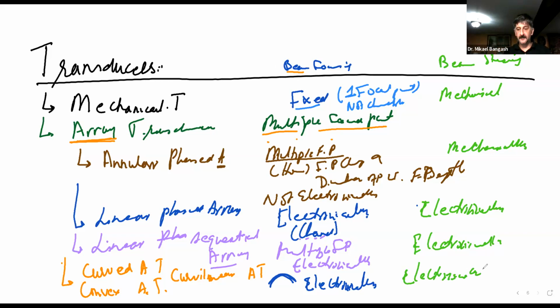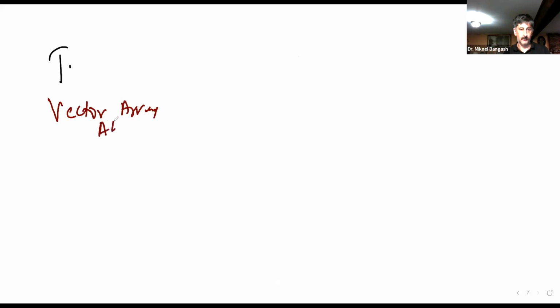Now, ladies, the last of our transducers that we will talk about is what is known as a vector array. This can also be called a virtual array.